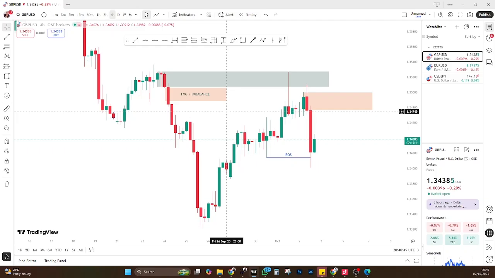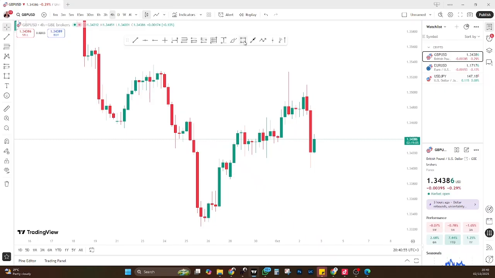So if you look at this, let me remove everything here. If you look at this, can you see this? This one is an order block. Why?